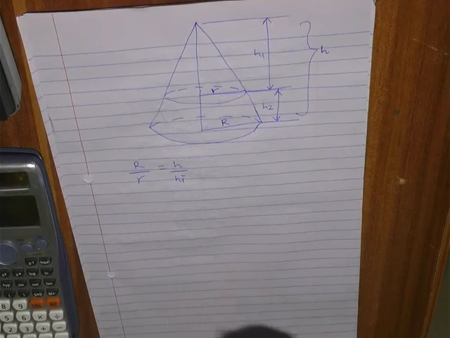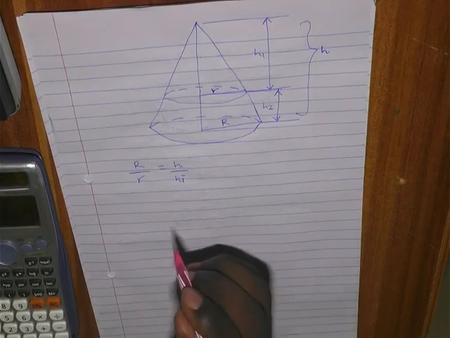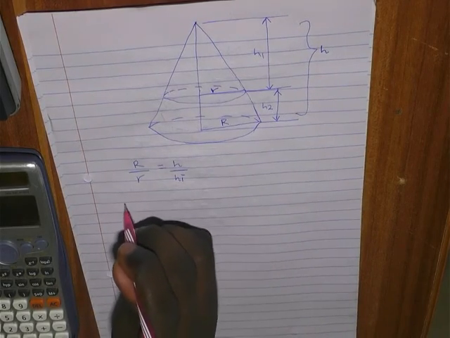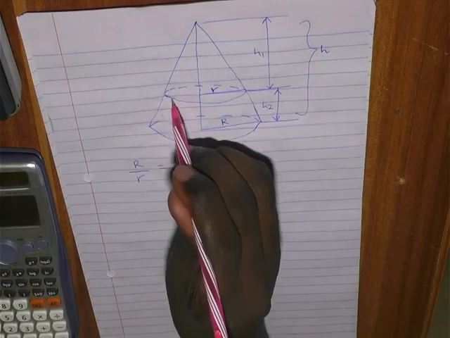So how do we get the volume of a cone? Let's first of all start by getting the volume of the smaller cone.